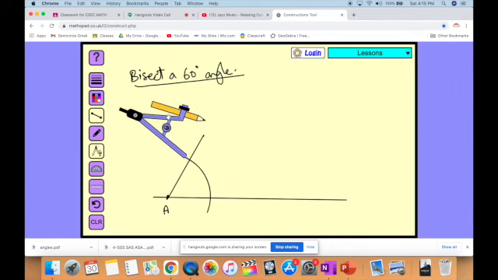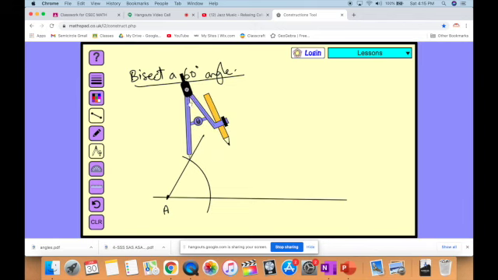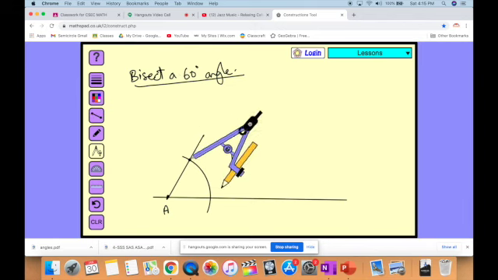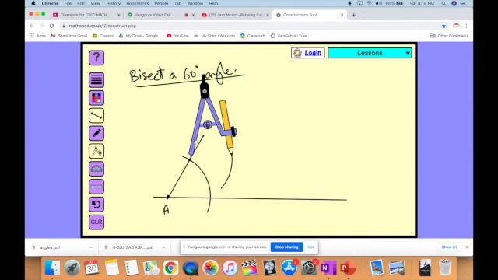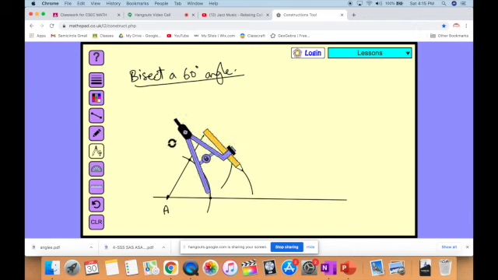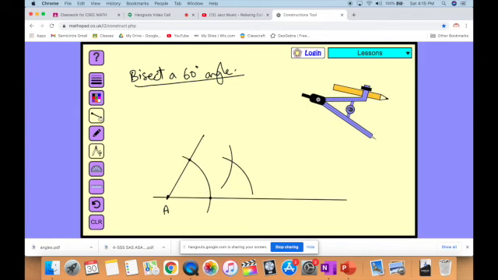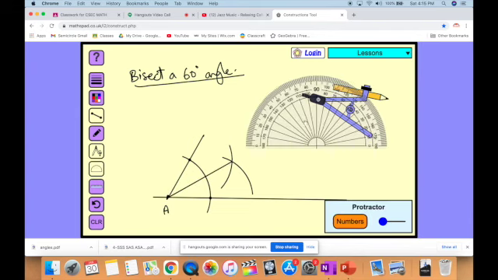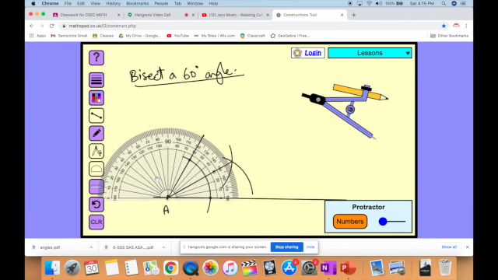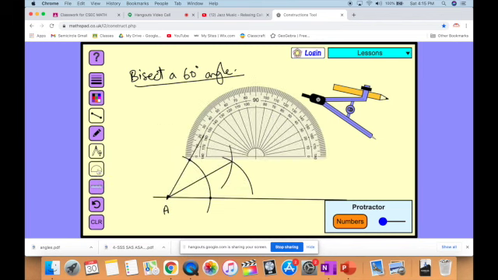I come from this point and I'm gonna cut an arc here. And with the same opening, I'll come from this point and I'll cut an arc here. And that is it. Now, if I draw a line from A to here, you will see that that is 30 degrees. Everybody understands how to bisect the angle?